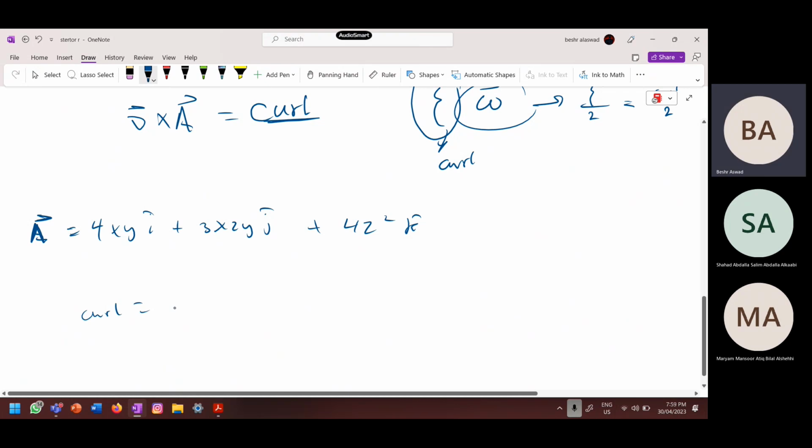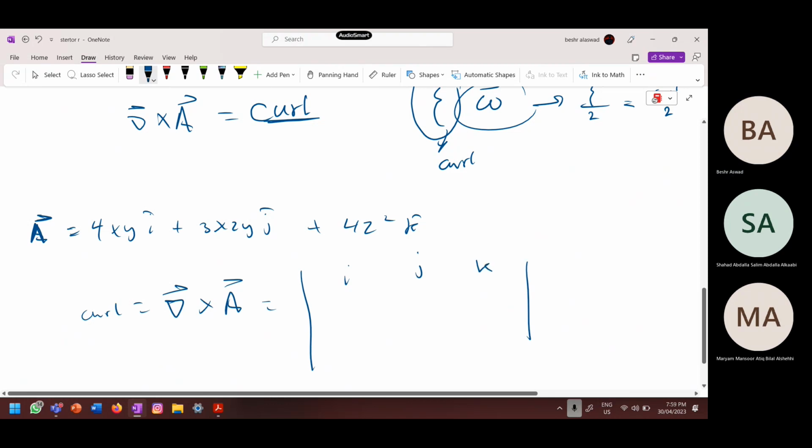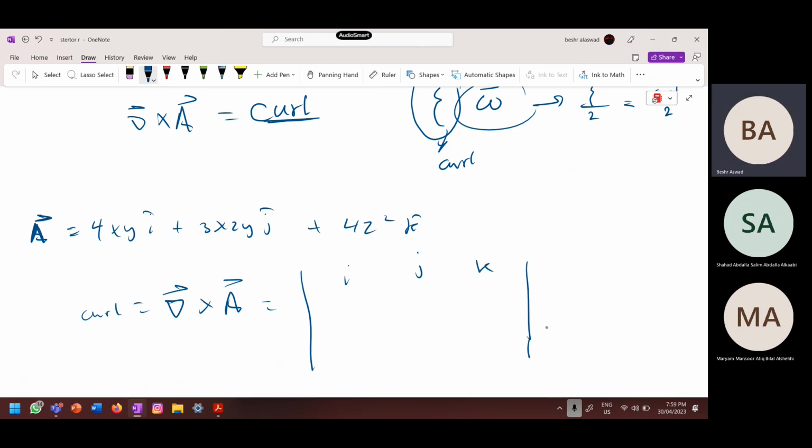Curl is equal to the gradient cross A. Again, remember, we're going to do a cross product. So we're going to use the matrix, or you can use the other methods that you learned from previous courses, but personally, I prefer this. This one's much easier. And k here.